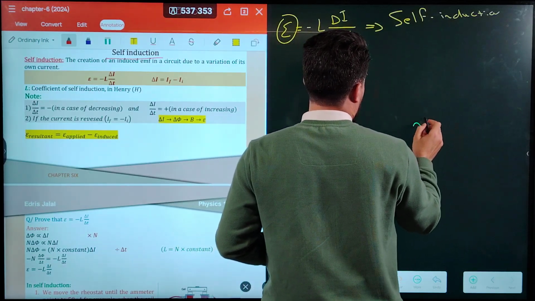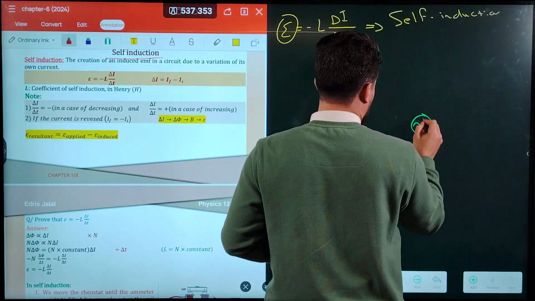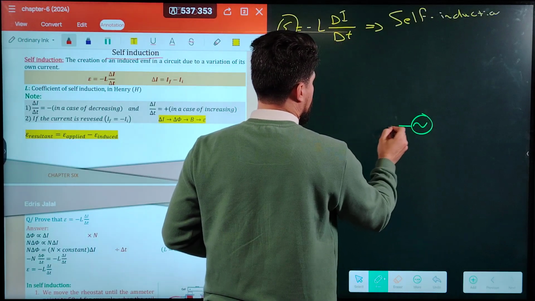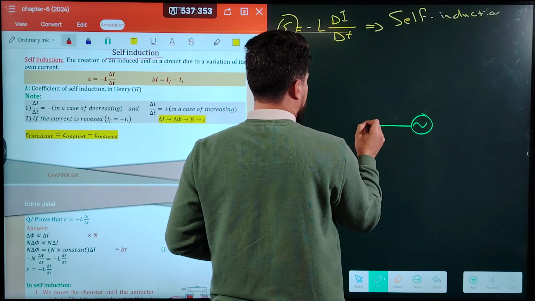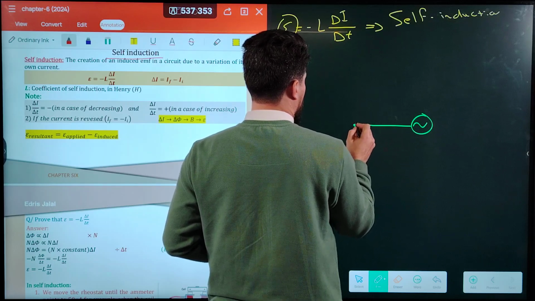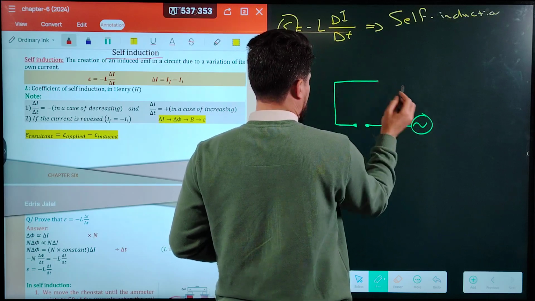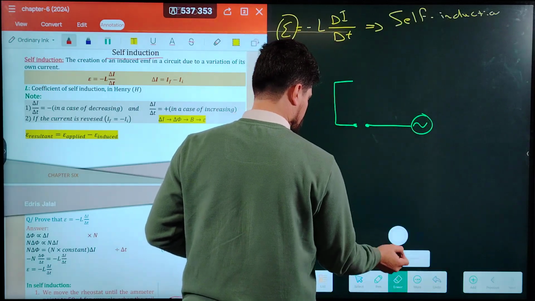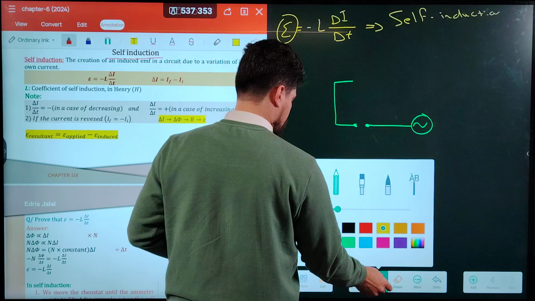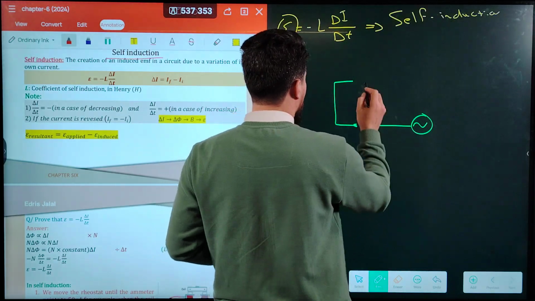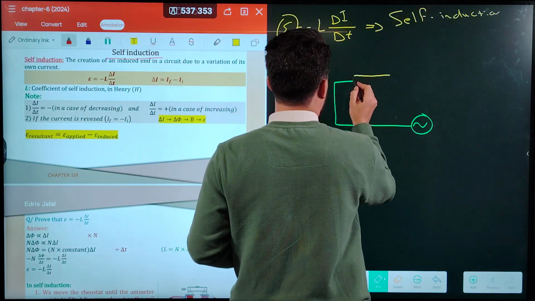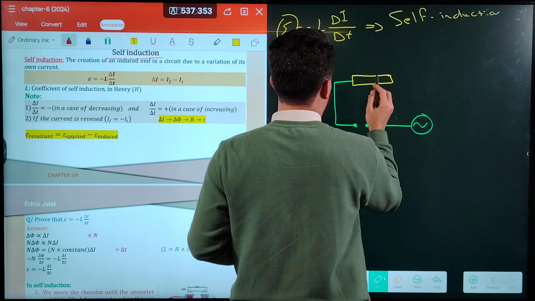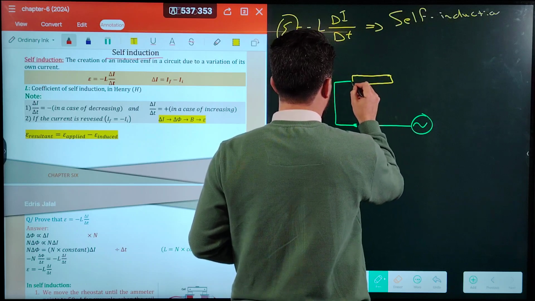Assume that we have an AC source, and there is a switch here and a coil of wire.